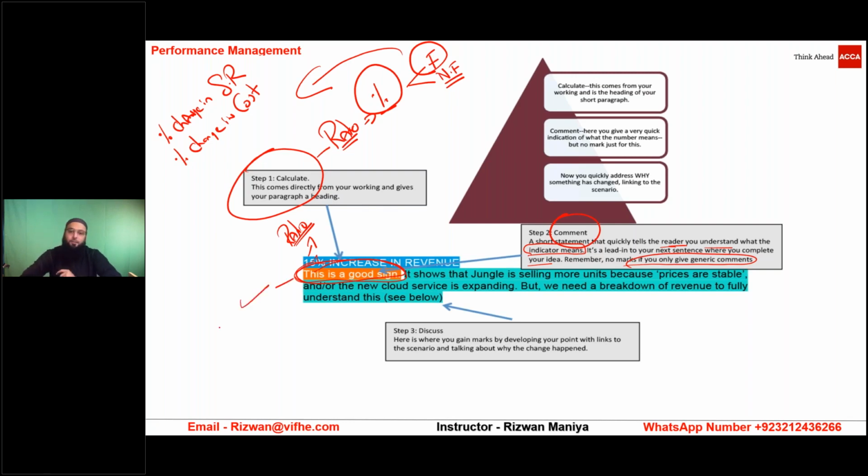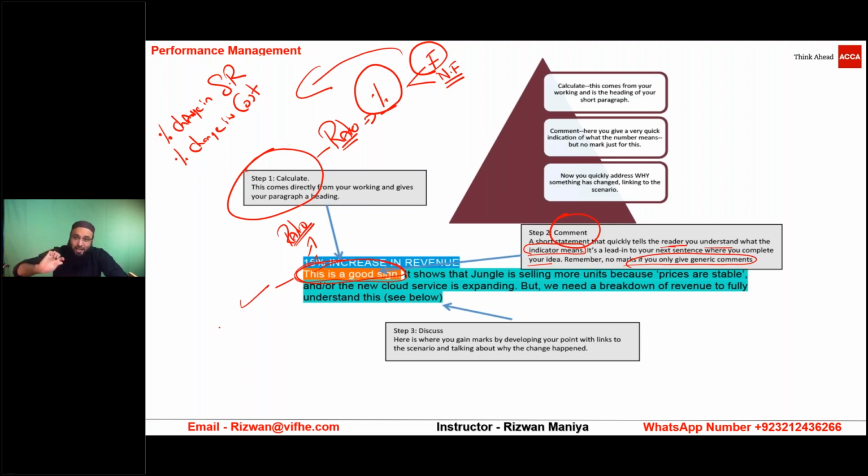Now, this is a comment. The performance of the business seems good here. This is a comment. Or, it's a bad indicator. This is also a comment. So whatever ratio you have worked out, you have to write whether it is giving a good sign or a bad sign for the business.